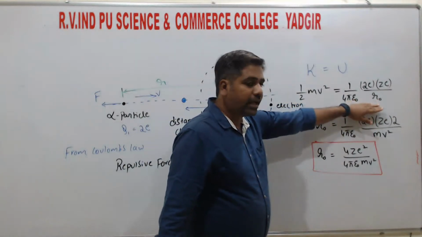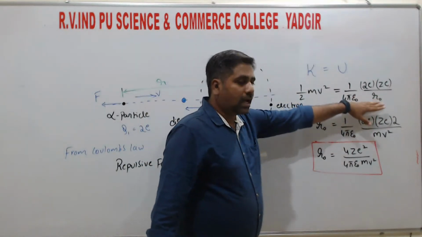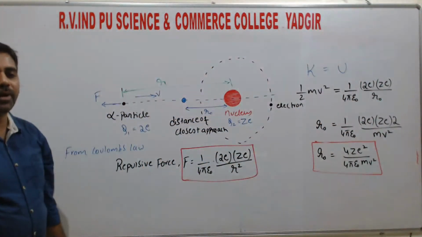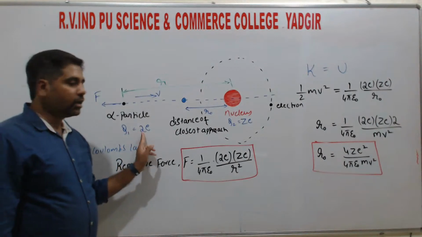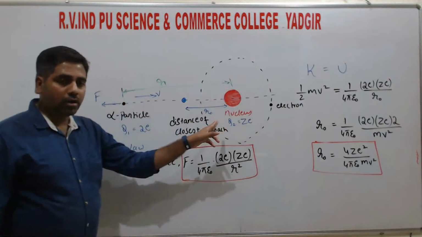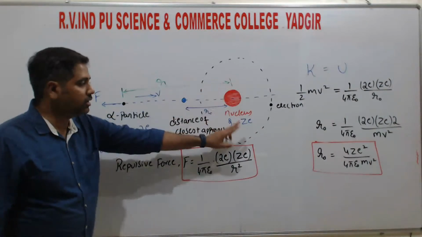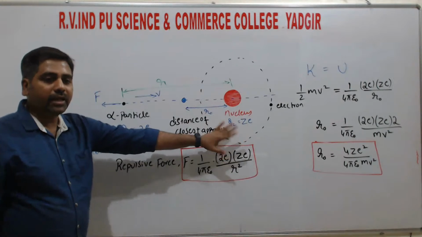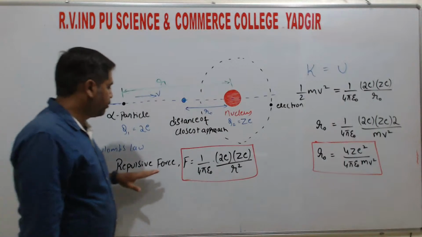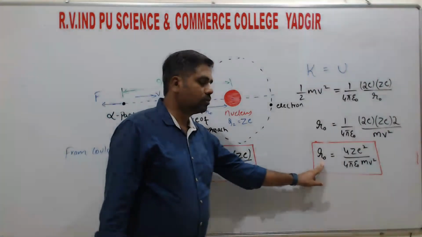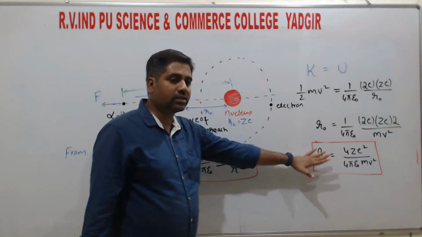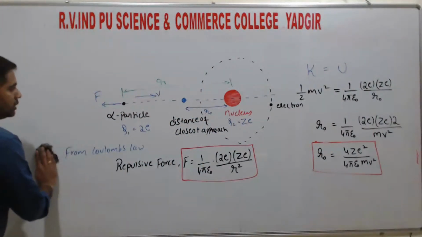This one is the potential energy of the two charges. The formula is 1 by 4 pi epsilon naught q1 q2 divided by r. Here q1 is 2e and q2 is Ze, where Z is the atomic number of the atom. If we consider this one as gold, then the Z value is equal to 79, right? So this is about the repulsive force and also the distance of the closest approach, right?